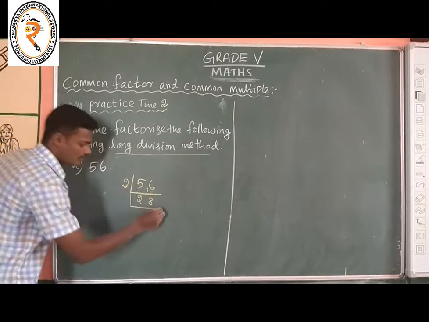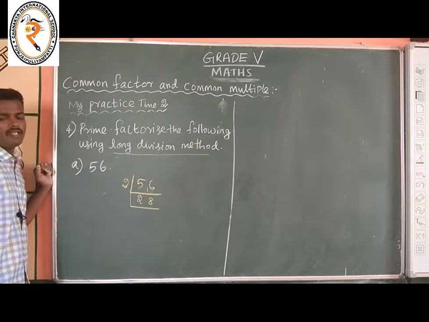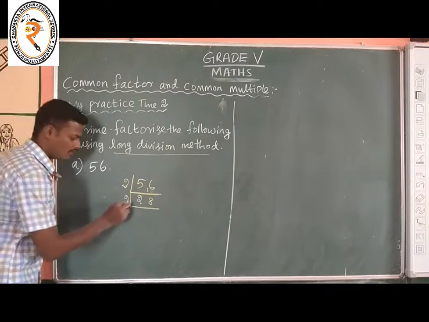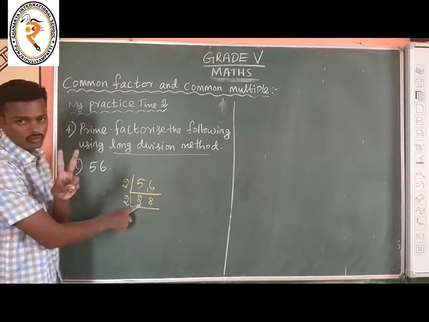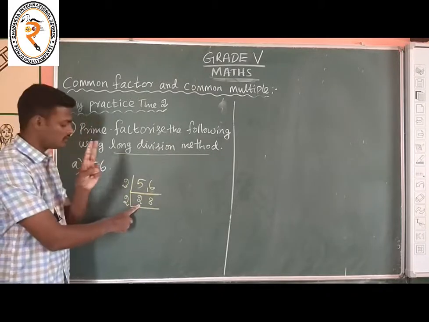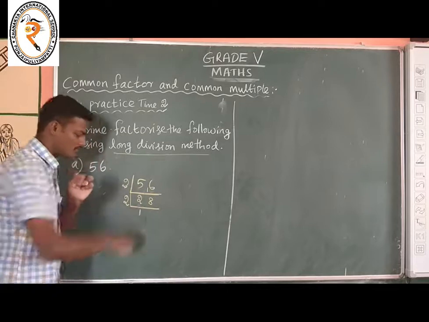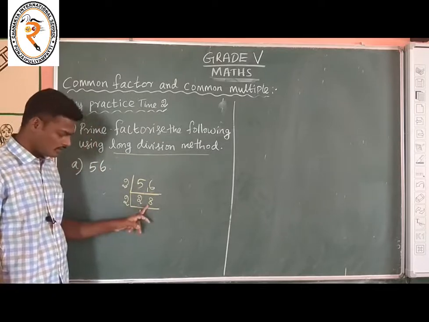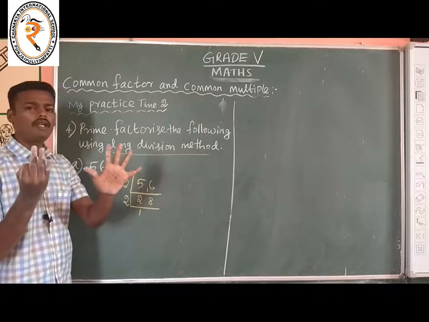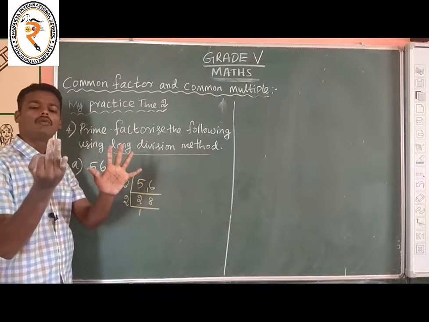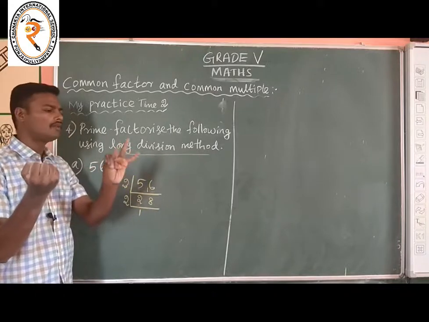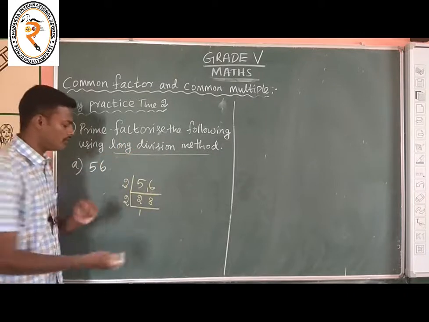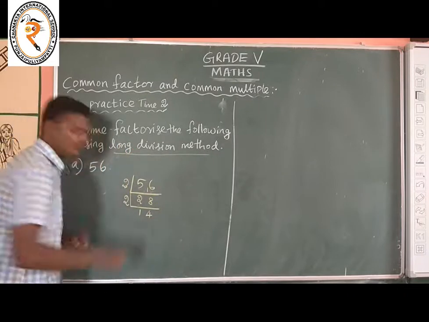So next, 28 is an even number, so it comes in the second table. The first number 2 is 1 time in the second table. Next, 8 in the second table: 1 time, 2 times, 3 times, 4 times, so 8 comes 4 times.